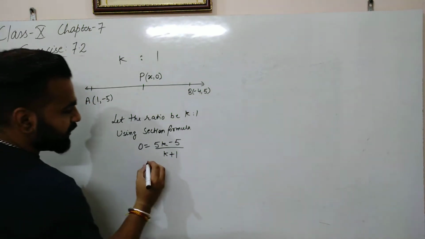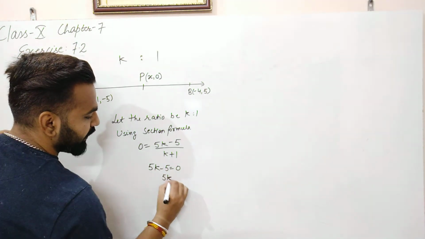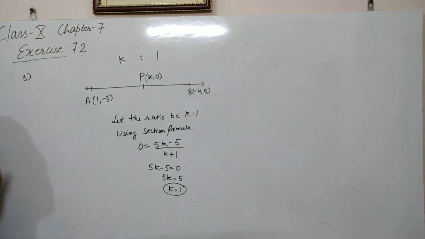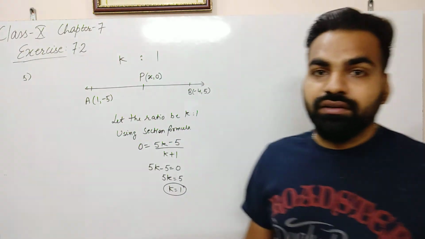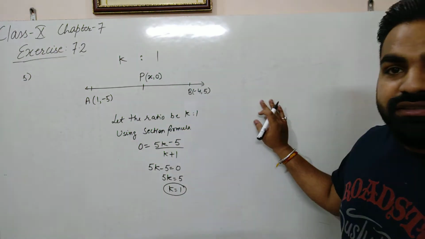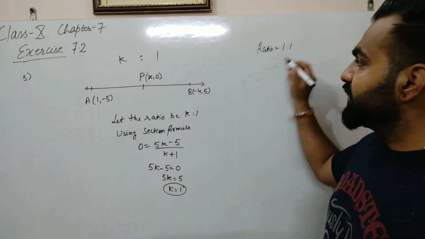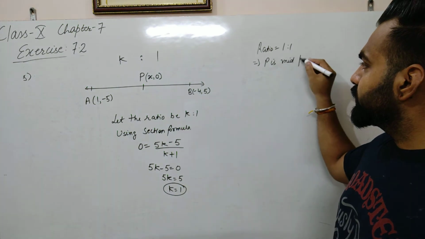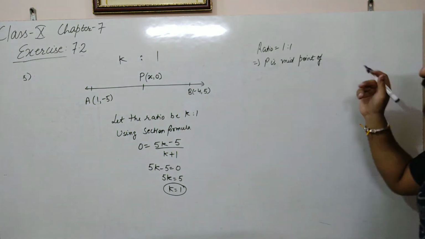So from here 5k minus 5 will be equal to 0, 5k equal to 5, k is equal to 1. So k is known now. That means the ratio is 1:1. And 1:1 means P is the midpoint of AB.